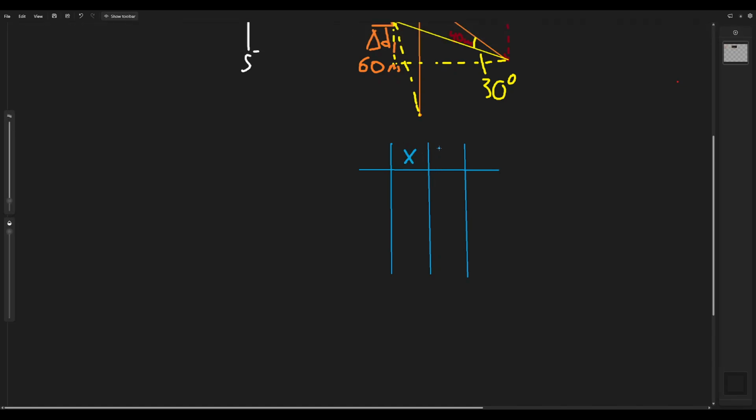Then you put X, Y, and all your displacements. So displacement 1, displacement 2. In this case, we have 3 displacements that we need to find the total displacement of. And then our resultant, which is just going to be all of these added up.